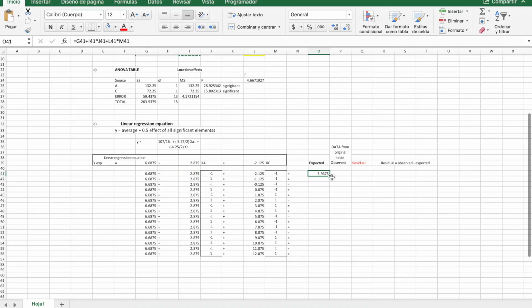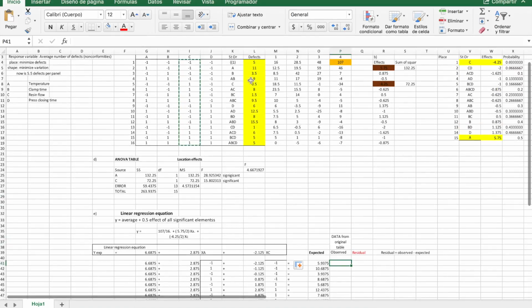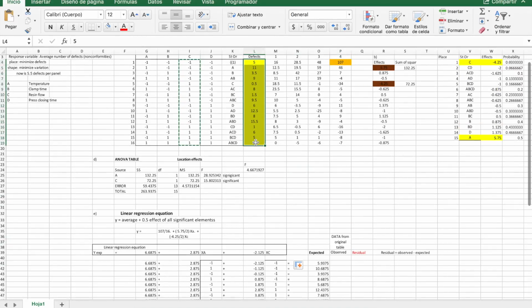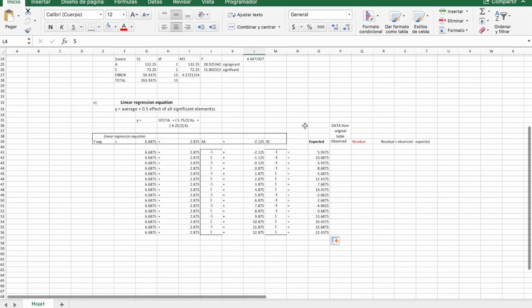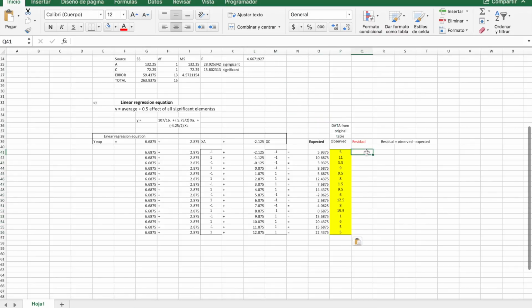And we do it for the 16 rows. For the observed, we grab the defects, the original data, and paste it, and the residual is going to be observed minus expected.